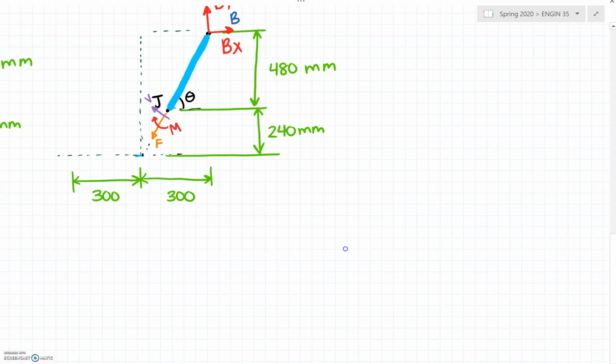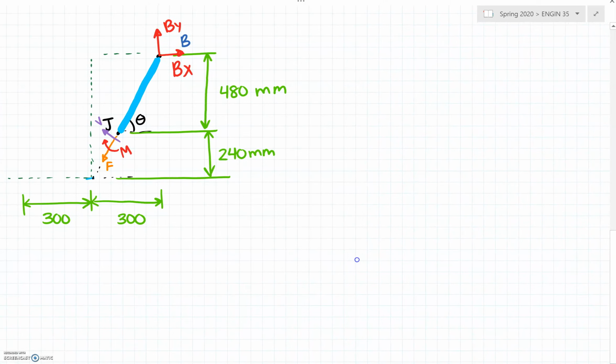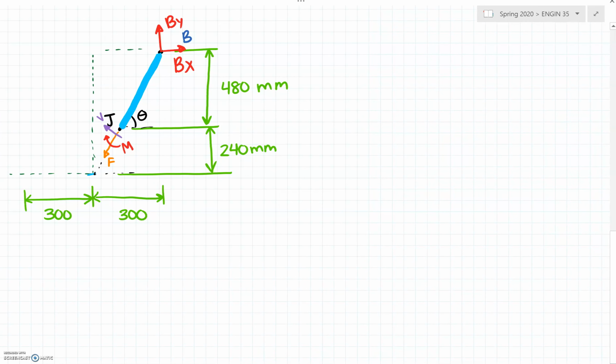I'm going to start by summing the forces in the x direction. So I will have Bx, which I solved for previously.